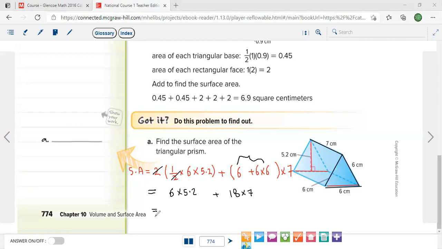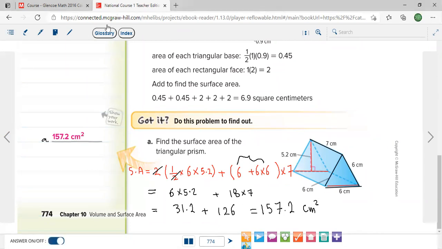Now 6 times 5.2 will give you 31.2. 18 multiplied by 7 will give you 126. 126 plus 31.2 will give you 157.2 centimeters squared.